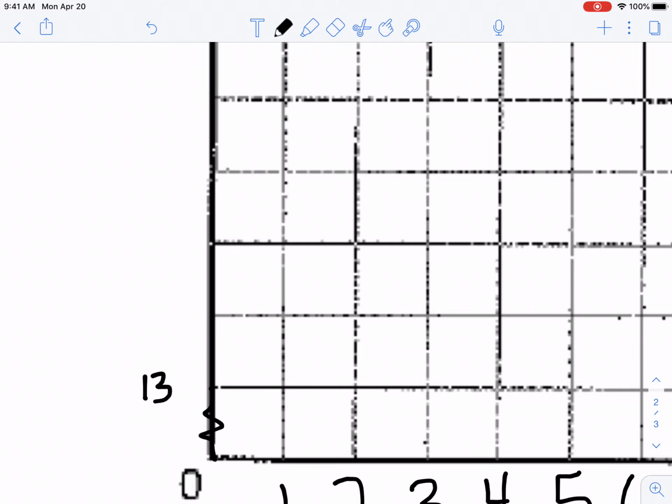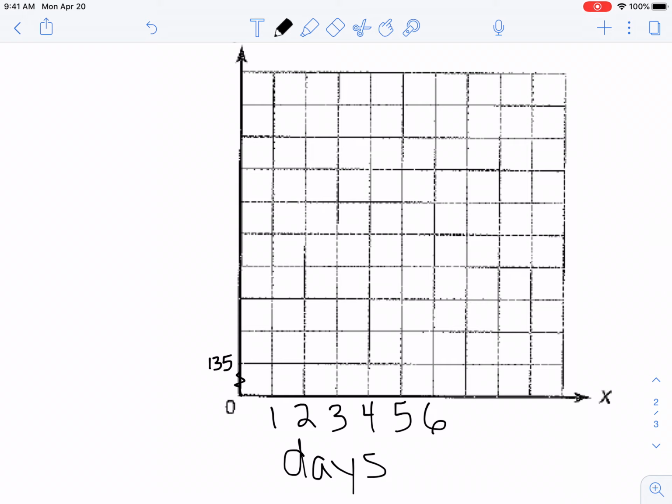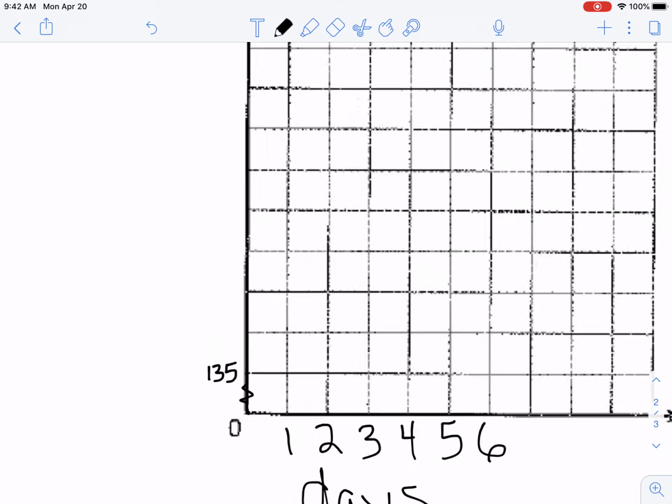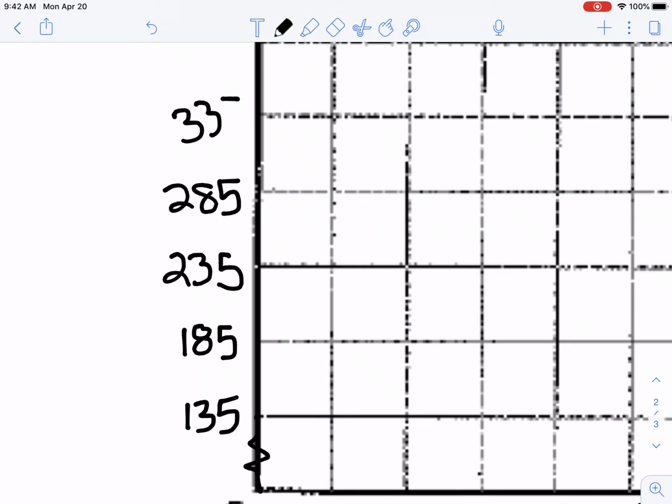And then I'm going to figure out what I should count by. So 135, and I need to go to 435. I'd like to go a little bit above that. So if we did 50s, would that work? I think we can count by 50s. And I'm not even going to count every 50, I don't think. Well, I guess I can. 185, 235, 285, 335.